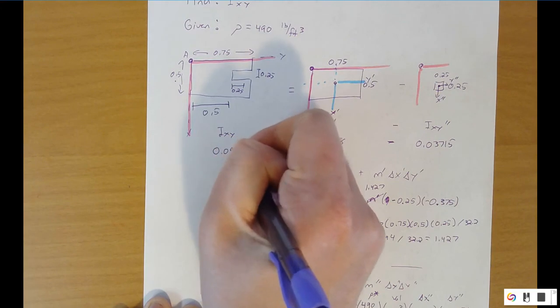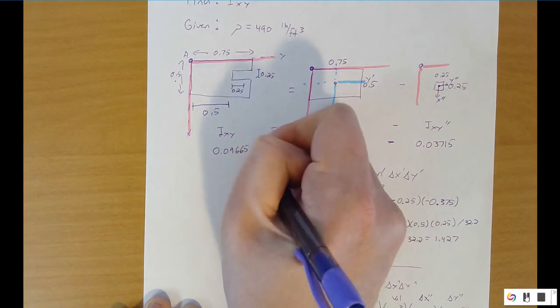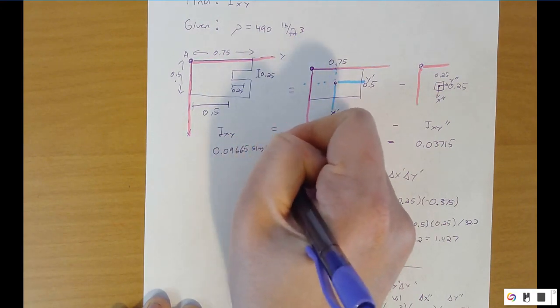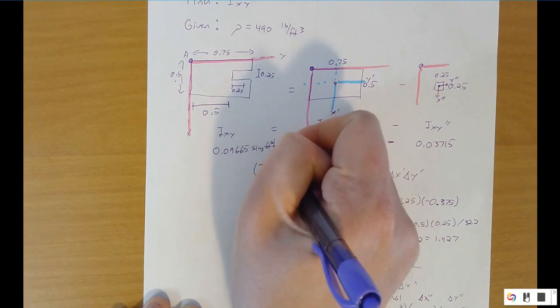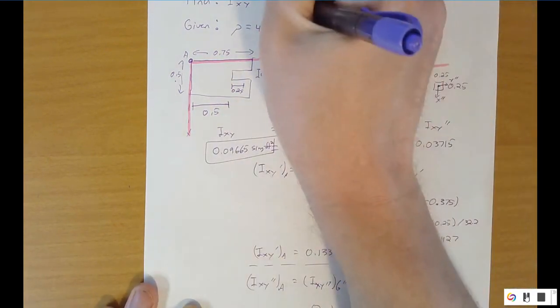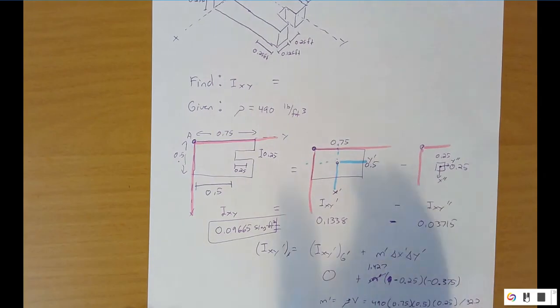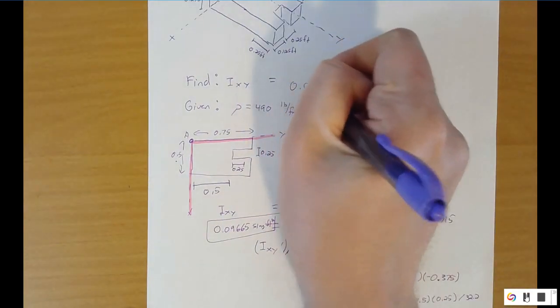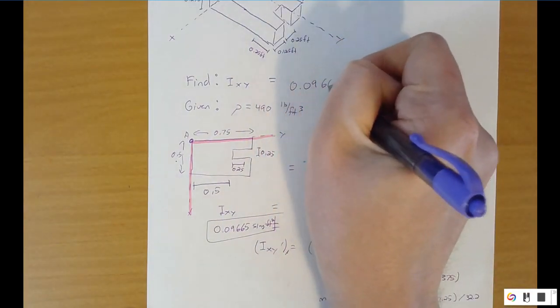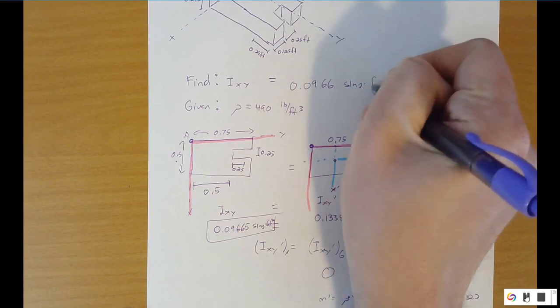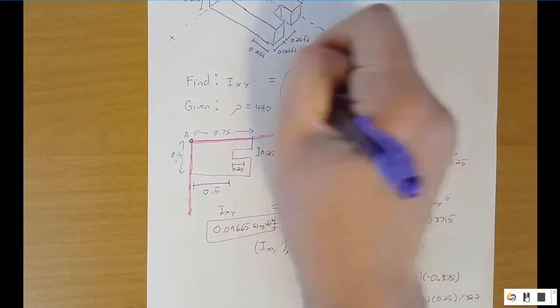Our units are slug feet squared. So I'll just rewrite that again up here. So Ixy is 0.0966 slug feet squared.